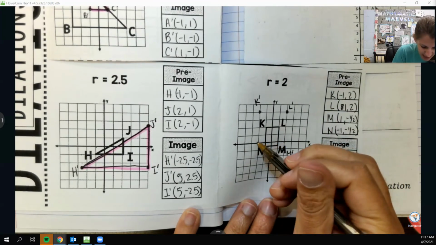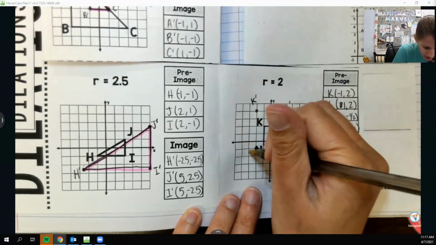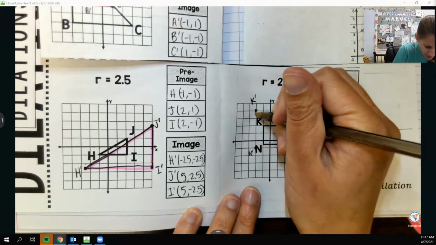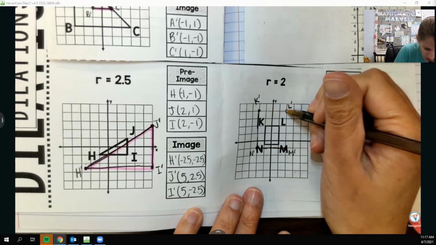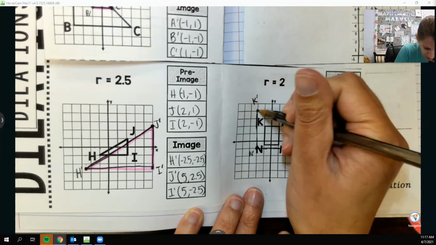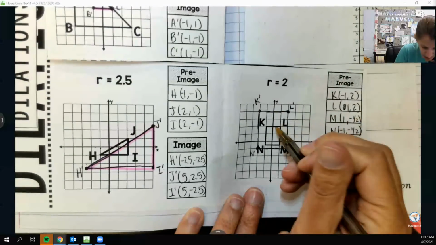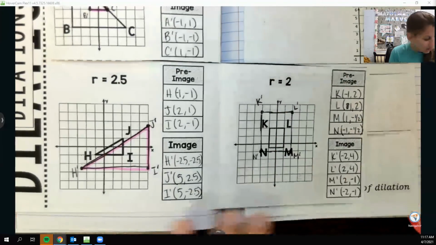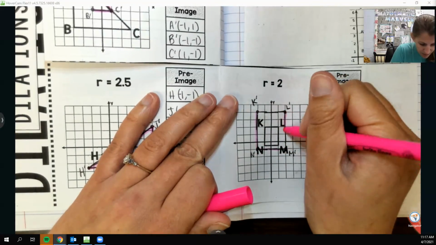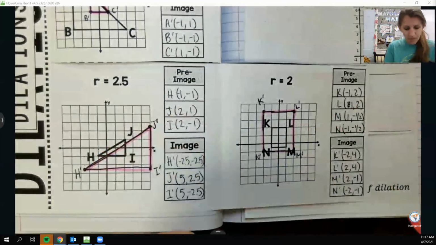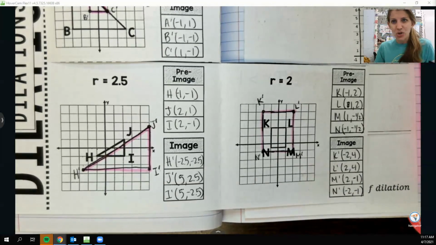And then N prime is at negative 2, negative 1. We redraw our rectangle. And we can also see, by the lengths of the sides, this is 2 and now that's 4 units long. So that got doubled in length as well. Cute. Dilation's super easy.